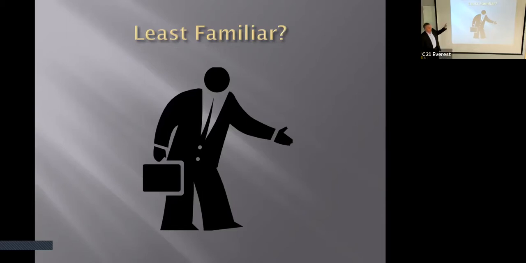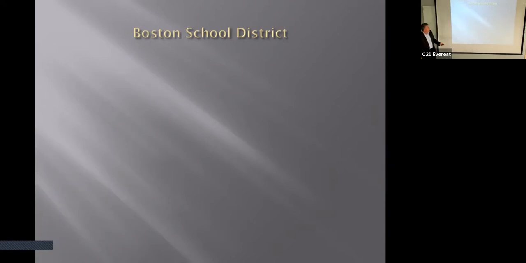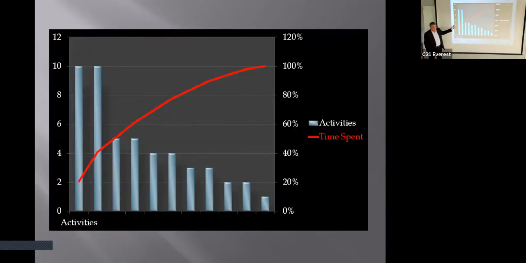Okay, good. Now notice that the things you're least familiar with or most worried about are the very things that, going back again to this 80-20, are the most important things you could do.